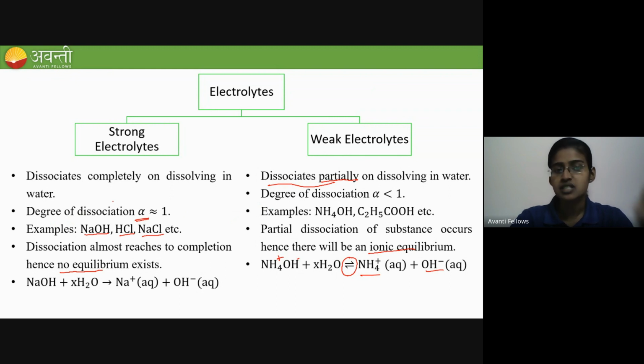From strong acid and strong base only we have prepared this salt, right? So it is also an example of a strong electrolyte. All the strong acids, bases and salts will fall under this, and all the weak bases, weak acids, and weak acid-base salt combinations will come under weak electrolytes. Got it? So shall we move on to the next topic?